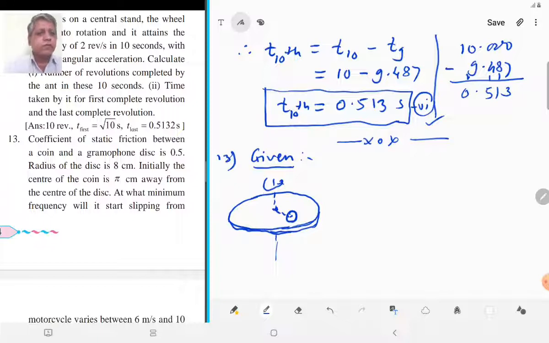The radius of the disc is considered capital R and the distance of the center of the coin is considered small d here.